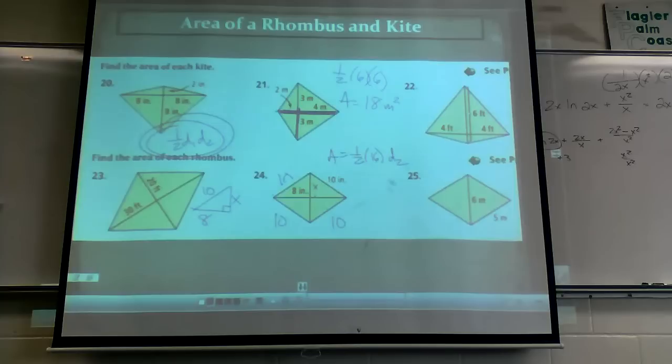Get way too much stuff. Yeah. So this would be x squared plus 8 squared equals 10 squared. Solve that out, you will get 6. Alright, which again means if this part's 6, that part is also 6. So that diagonal 2 would become what? So 1/2 of 16 times 12 is what? Is it? 96.